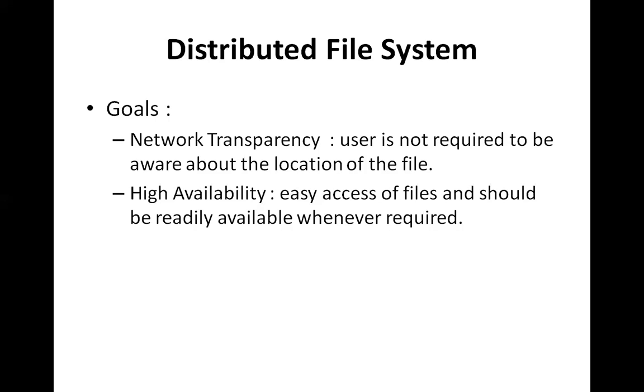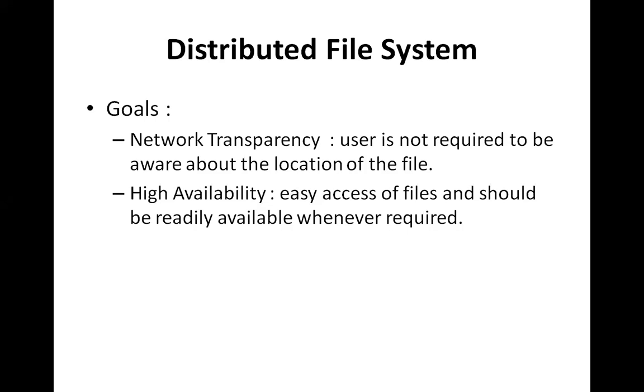Unavailability used to happen if there is some system failure, or some backups are being taken at a particular time or during maintenance time. Because of system failure and regularly scheduled activities such as backup or maintenance, it may be possible that the files may not be available to the user.